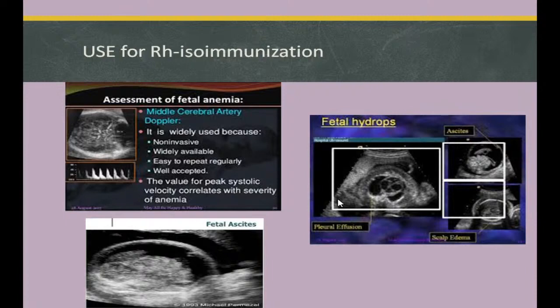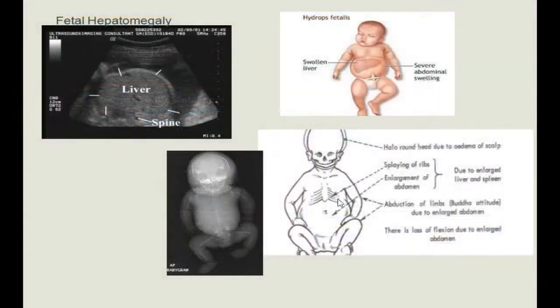Fetal ascites shown here, pleural effusion, scalp edema, crown-like ring around the head, ascites. Fetal hepatomegaly, splenomegaly. And there is some other symptom which may be easier for you to remember. Buddha pose of the fetus in the uterine cavity, as shown in this picture.